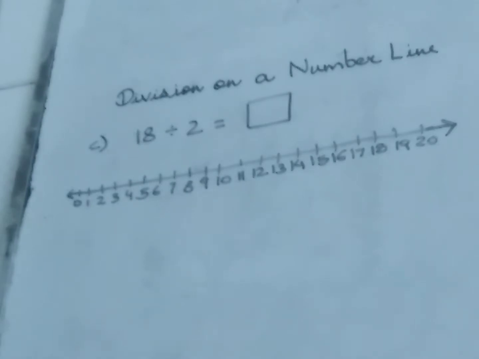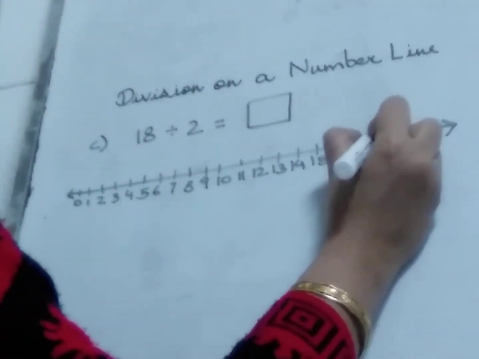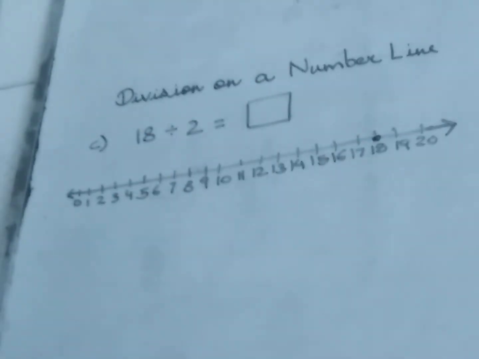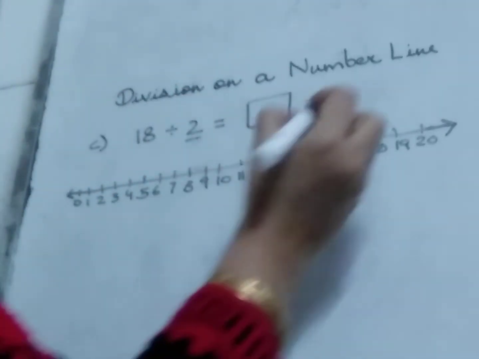Now to divide 18 by 2, start on 18, jump backwards 2 steps at a time.